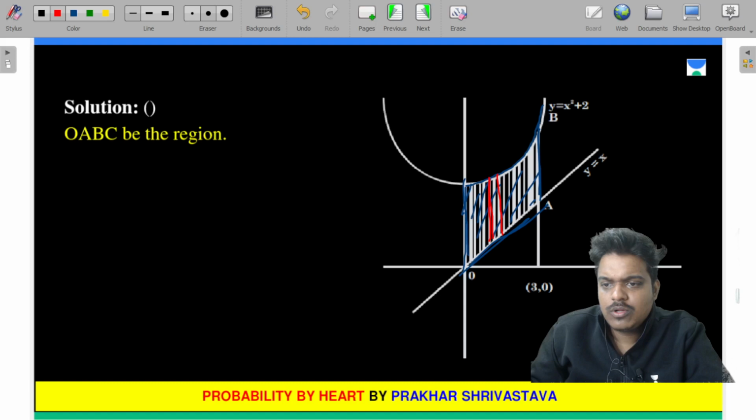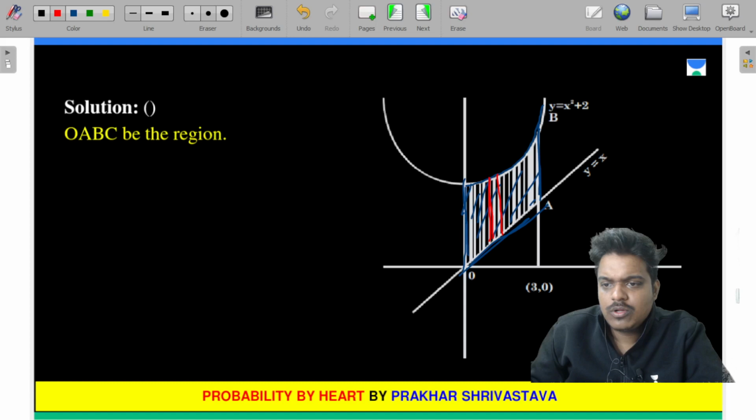Integration of x to x square plus 2, 0 to 3, and this is dx dy. Now you can integrate it very easily. This is not a very big deal. So this is equal to x square plus 2 minus x dx, integrating from 0 to 3.